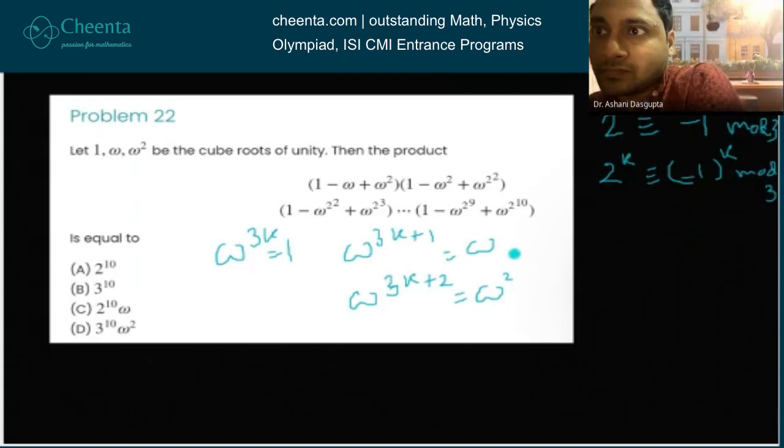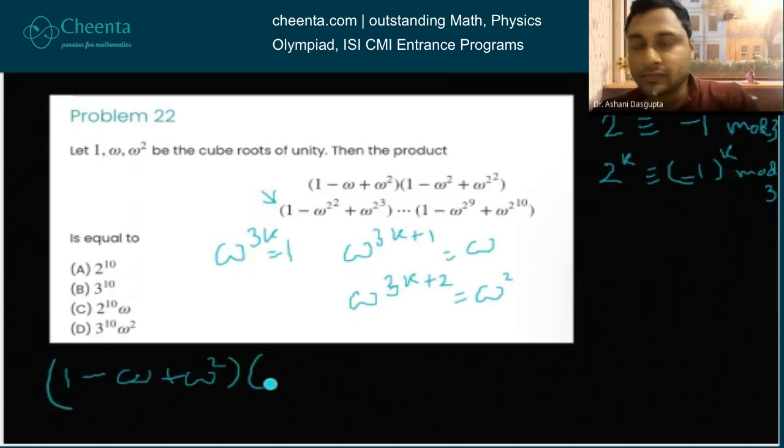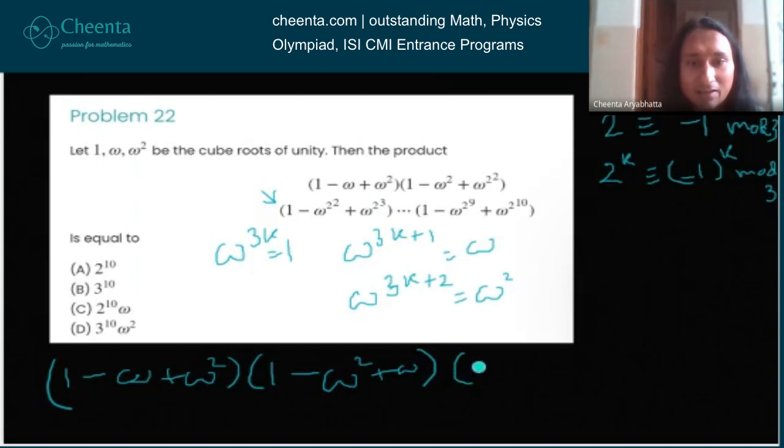So you are going to alternately get terms like this: 1 minus omega plus omega square, then 1 minus omega square plus omega. Then again 1 minus omega plus omega square, then 1 minus omega square plus omega.